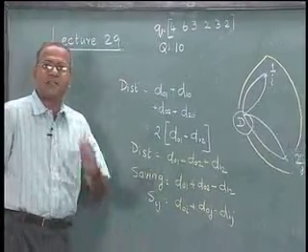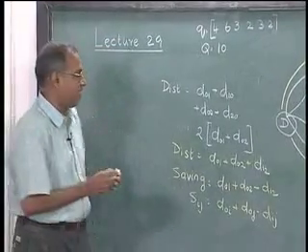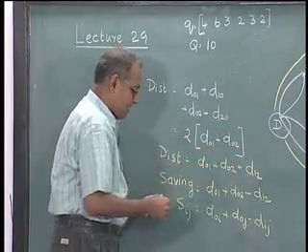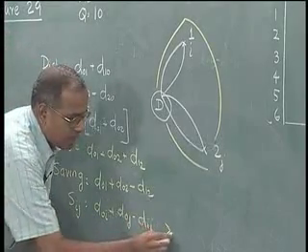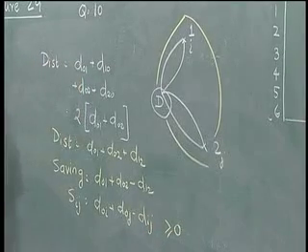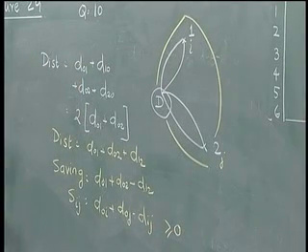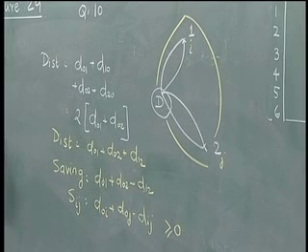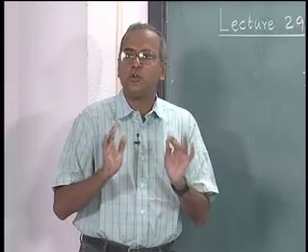So, if distances satisfy triangle inequality, then this will always be greater than or equal to this, and therefore Sij will always be greater than or equal to 0. So, it is customary to use the Sij and try to find out what the saving can be if I combine i and j together.